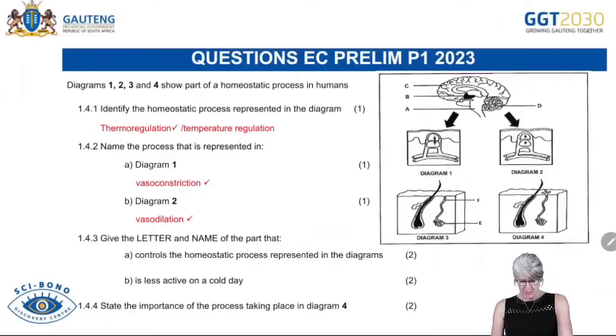Then 1.43, they say give the letter and the name. So now I'm going to give 2 answers. And you can see there the mark allocation is 2 marks each. So that is the part that controls the homeostatic process represented in the diagram, and that's why we now need to go and have a look at the structure, the brain there, and we can see which part is the homeostatic control.